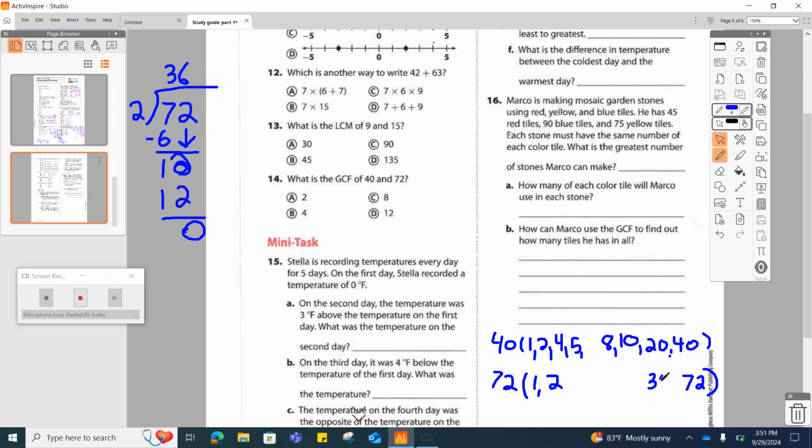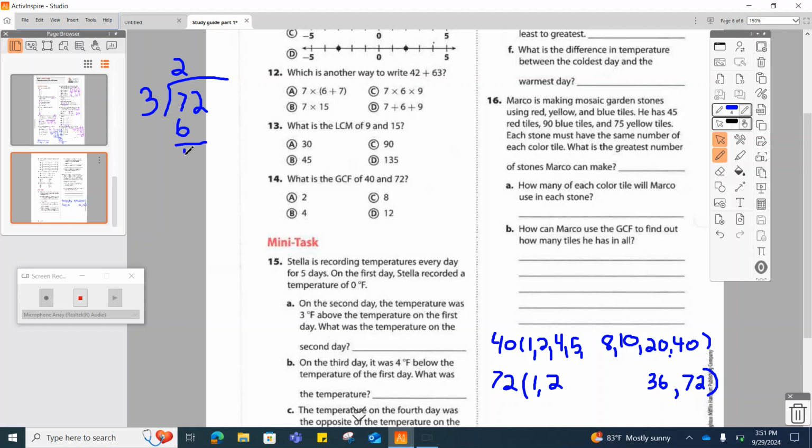Okay. Next one is 3. So 72: 7 plus 2 is 9, which means that 72 is divisible by 3, since 9 is divisible by 3 without a remainder. 3 goes into 7 2 times. 2 times 3 is 6. 1.